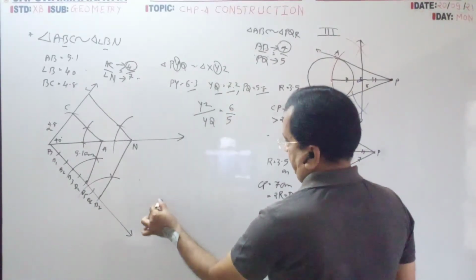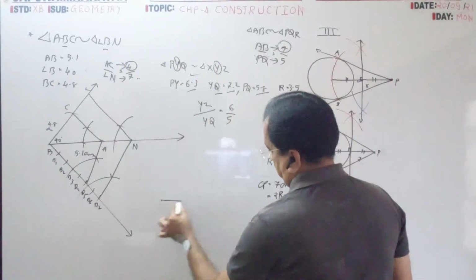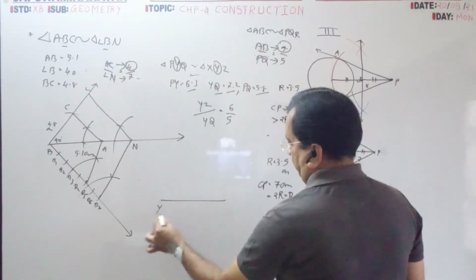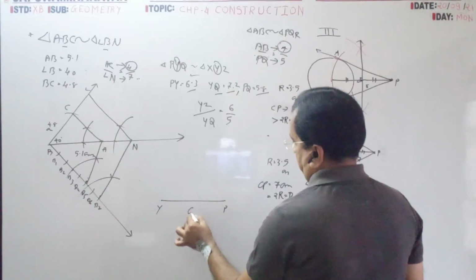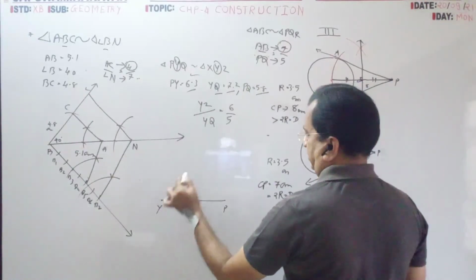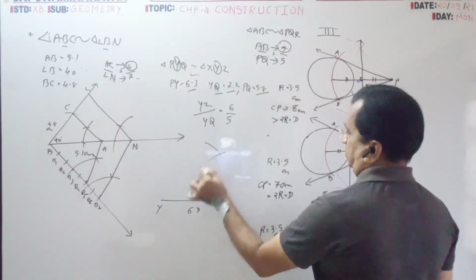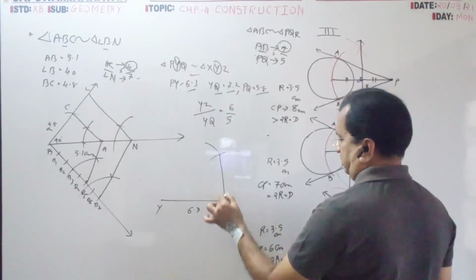Y here with Y, which is bigger. This YP 6.3, YQ 7.2, PQ 5.8, join.